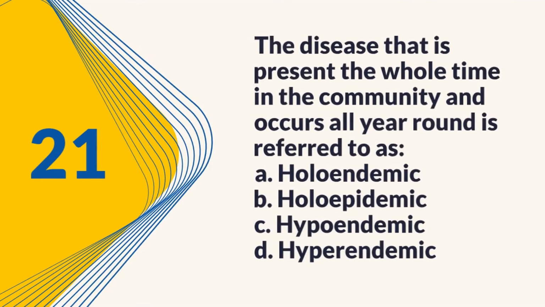21. The disease that is present the whole time in the community and occurs all year round is referred to as A. Holoendemic, B. Holoepidemic, C. Hypoendemic, D. Hyperendemic.